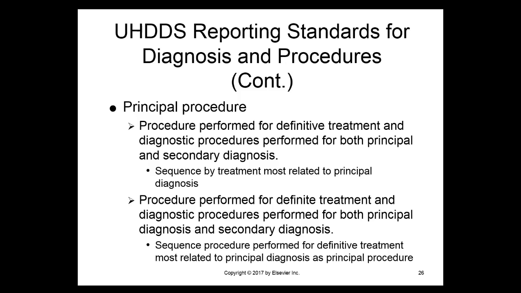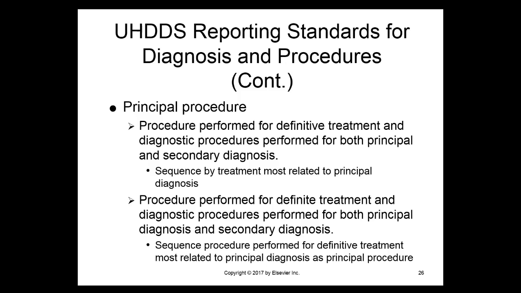Well, the amputation is a definitive procedure. The bronchoscopy is a diagnostic procedure. However, we would sequence that bronchoscopy as our principal procedure because it's most related to our principal diagnosis of pneumonia, and it takes precedence.